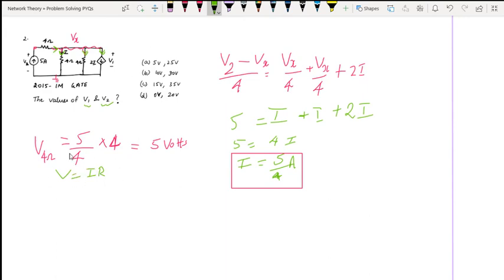So we found the voltage drop across the 4 ohm resistor, and whatever the voltage drop across this 4 ohm resistor is, should be the voltage drop across this element, the current source, whatever is in parallel, right? So V1 will be equal to V4ohm, the voltage drop across 4 ohms, which is equal to 5 volts.